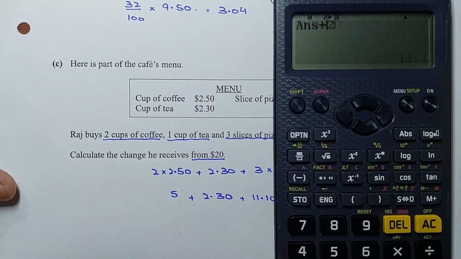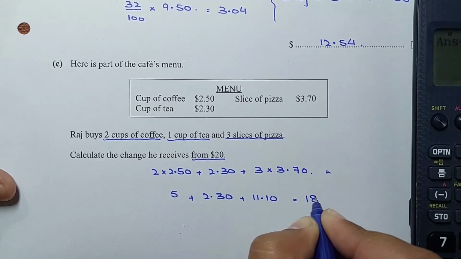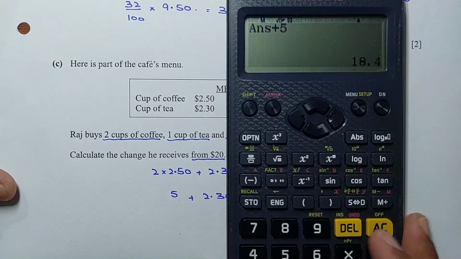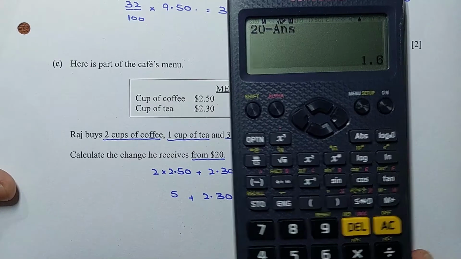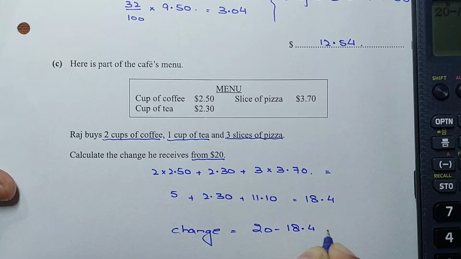So in this, add 2.30 and then add 5, and this would be $18.40, right? So from $20, 20 subtract the answer. So we can find out the change: 20 subtract 18.4, which is $1.60.